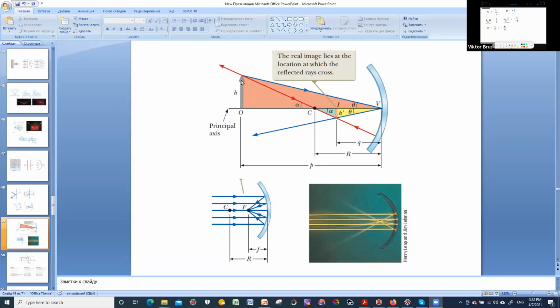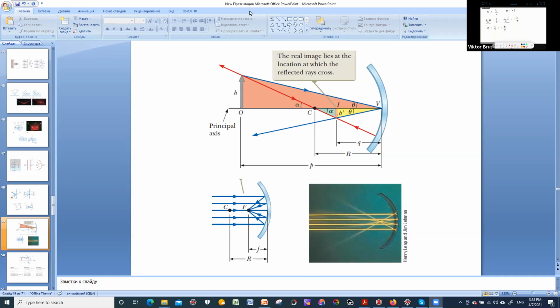So from this small red triangle, we have the ratio: tangent alpha will be equal to the ratio of the height of the object to the distance between point O and C. And that is the difference between object distance P and curvature radius R.